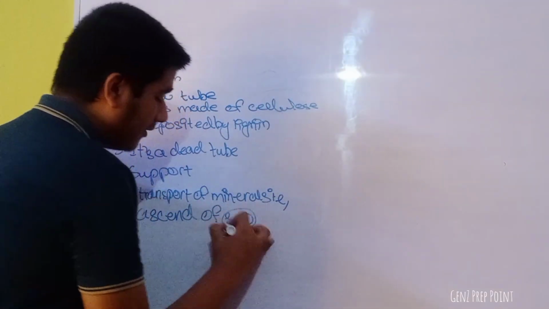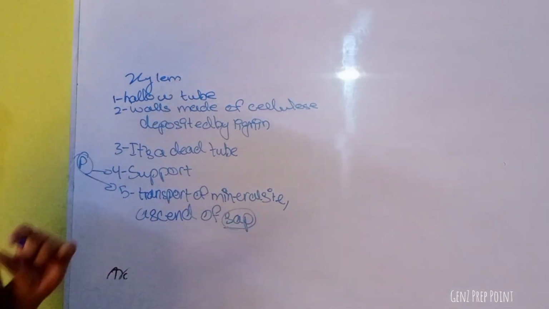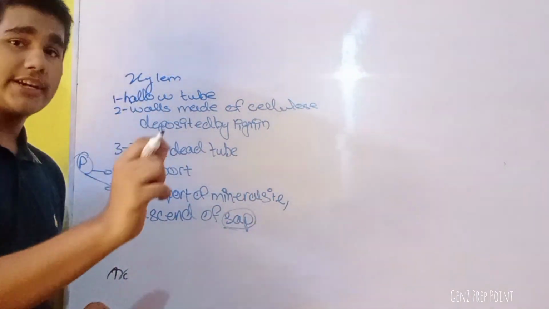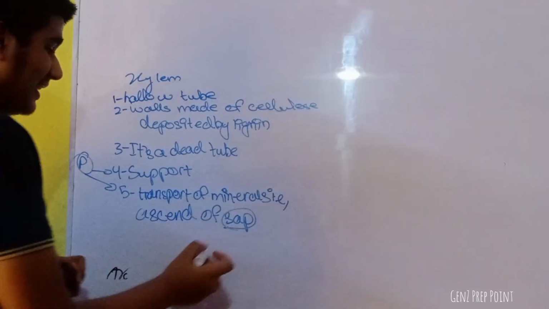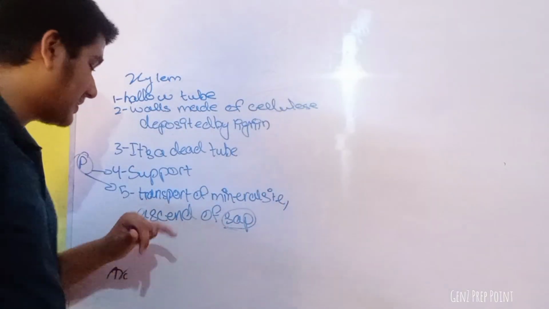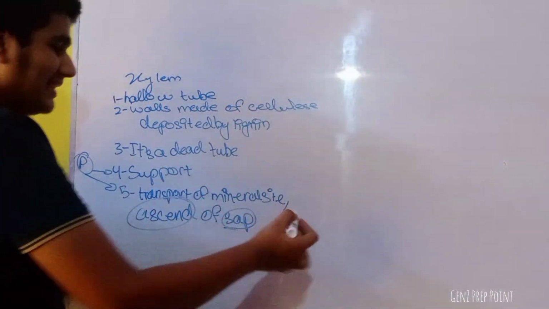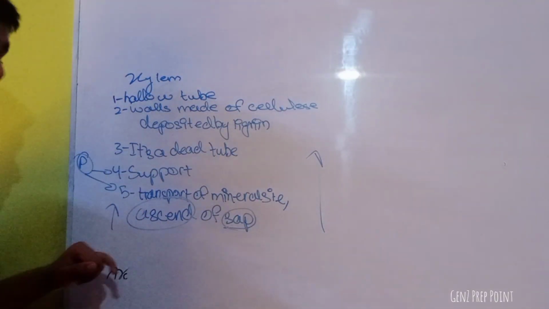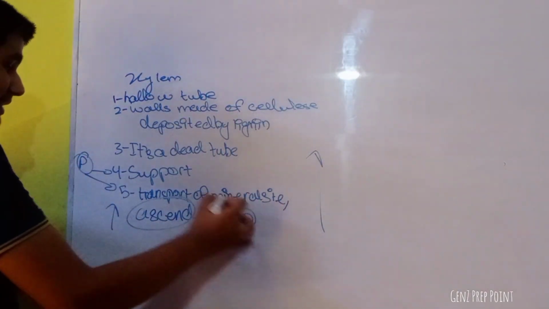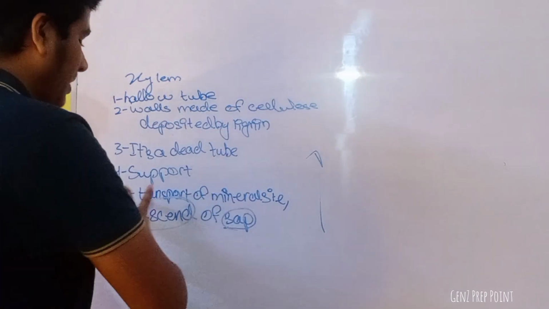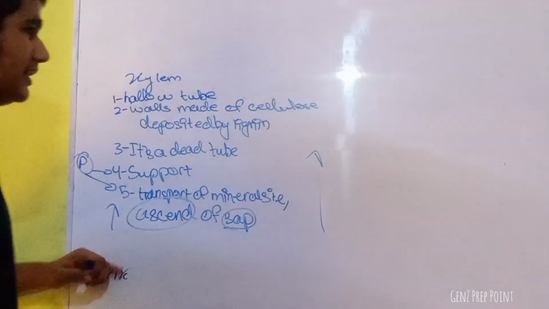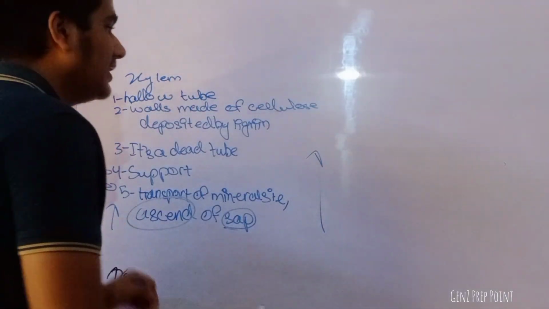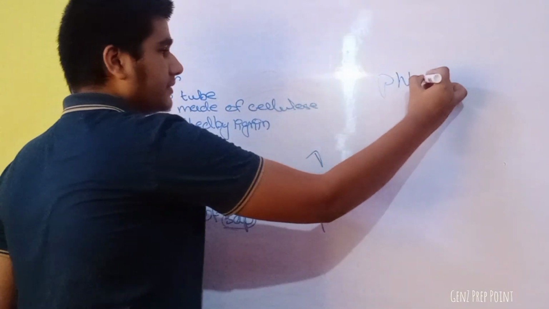Every fluid that has water and minerals in it is known as sap. Ascend means to go upwards, like xylem takes it upwards. So it means ascent of sap. This is the real name of the transport of minerals. That's it. Now we move on to phloem.